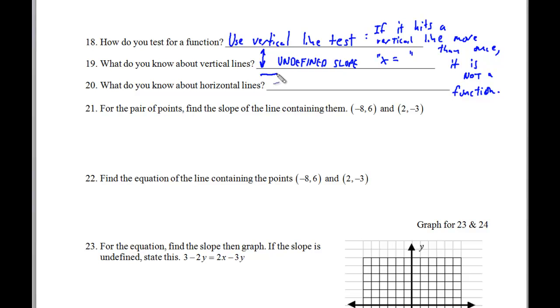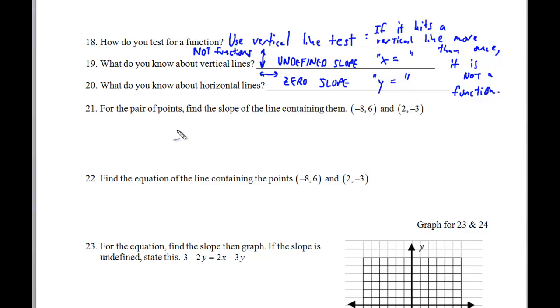And horizontal lines like this have a 0 slope, and that is going to be a y equals equation. And this is something that we can print on our calculator. Undefined slopes are not functions, and 0 slopes are functions. So vertical lines, not functions. Even though they have equations, they're not a function, and the horizontal line is a function.